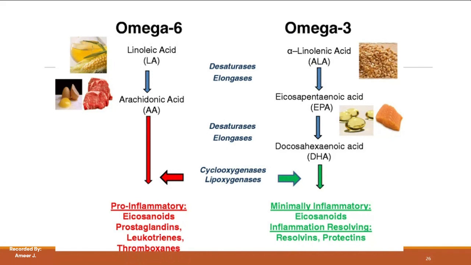So we call omega-3 anti-inflammatory factors, converted from DHA or docosahexaenoic acid, and EPA or eicosapentaenoic acid, and linolenic acid. All these pathways are performed through two enzymes, elongase and desaturase, and these cycles are defined as cyclooxygenase and lipoxygenase.